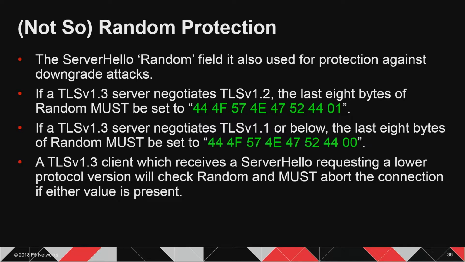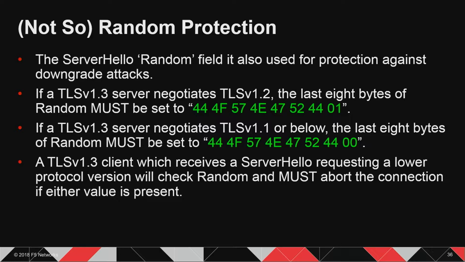There's also, the server hello has a random field. And if it's a TLS 1.2 client talking to a server that does 1.3, the last 8 bytes of the random field, according to the RFC, must be set to that specific value. So it's random except the last 8 bytes.